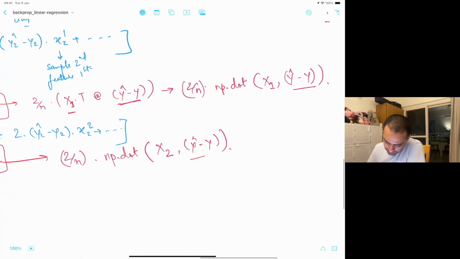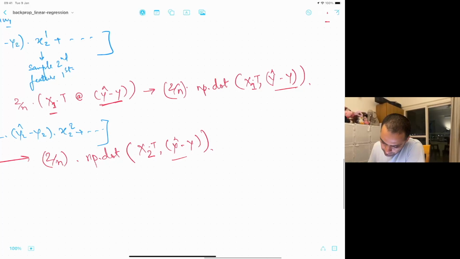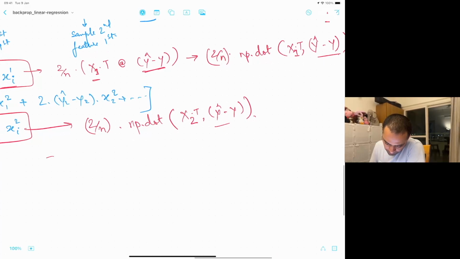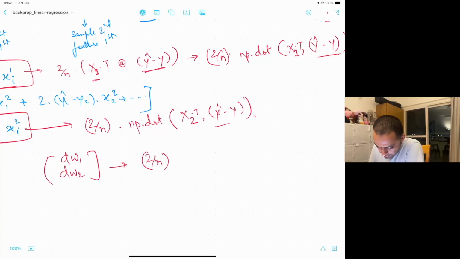So if we see, we are transposing this here; if we combine and vectorize everything together, dw1 dw2, we say 2 over n np dot x dot transpose, y hat minus y.